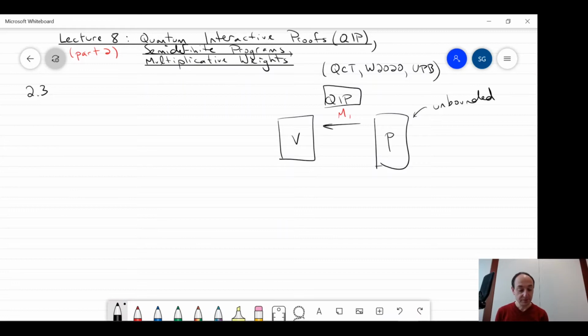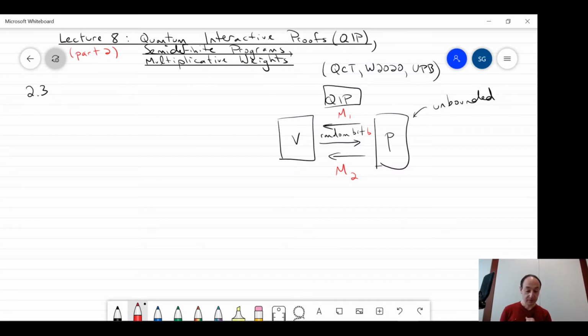And remember that we can assume without loss of generality that in QIP, what the verifier does after receiving the first message is flip a random bit B. Upon receiving that random bit, the prover sends the second half of their state, M2. Of course, they could also do some operation that depends on B after they've committed M1.